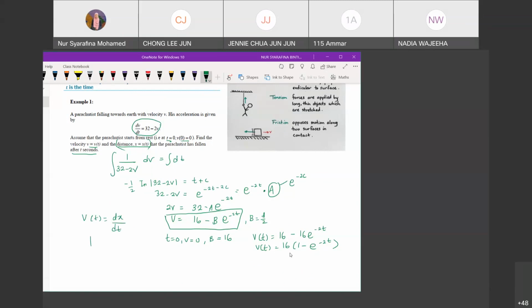So in order to get x, you have to integrate v. Then you can get x. Okay, so now you just integrate v. Then you can have your x(t).